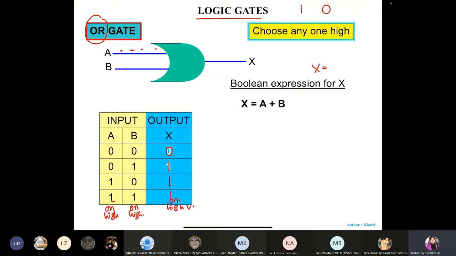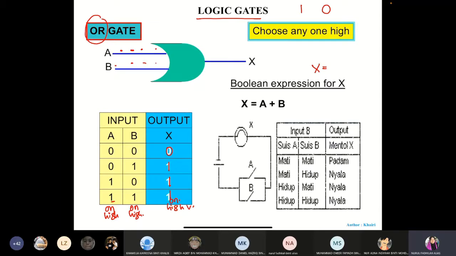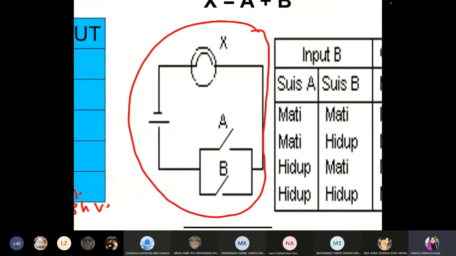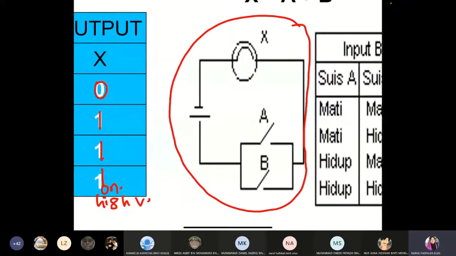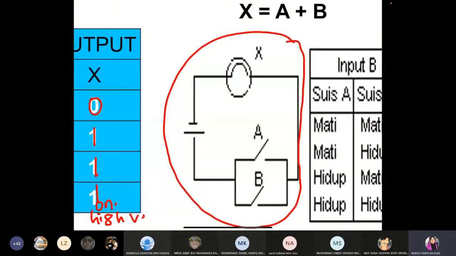So that means any combination kita buat kat sini will make the circuit on, except if we switch off both of the inputs. So this is another thing that you need to know. Ini banyak keluar dalam examination. Okay, you need to draw the circuit diagram of the OR gate. So now look at the OR gate. Is that logical to you? If you switch on A but B switched off, will the bulb light up?